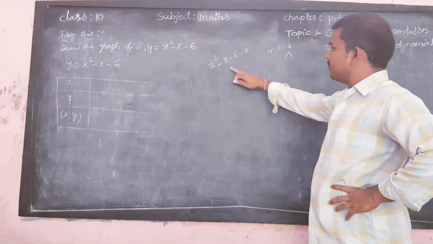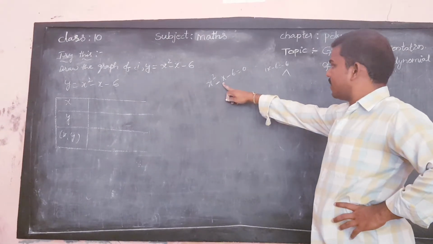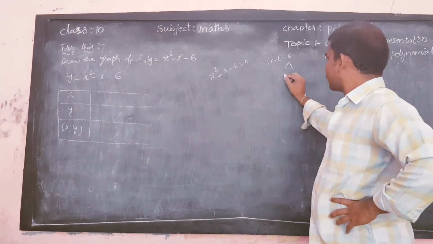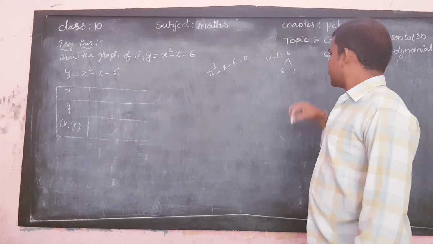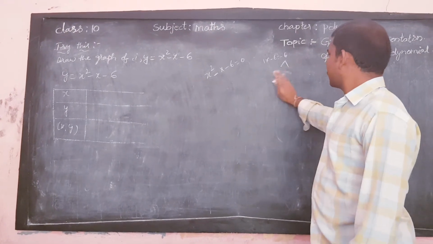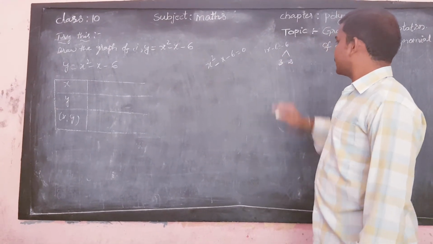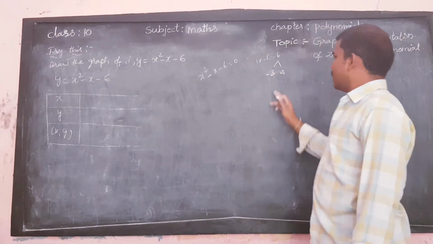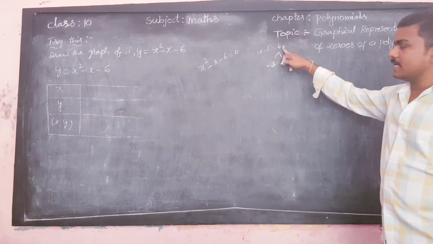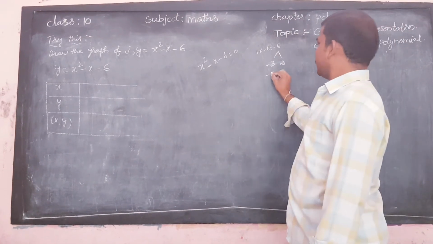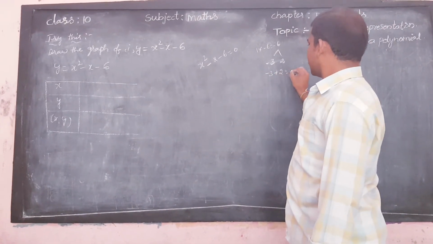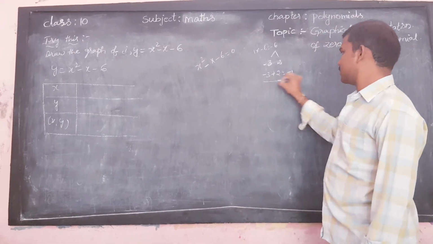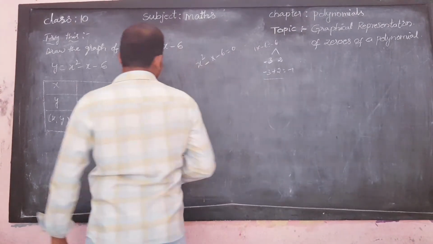So the required terms have sum minus 1. 6 1 the 6, 3 2 the 6. Minus 3 into 2 is minus 6, minus 3 plus 2 is equal to minus 1. So this is the sum of the terms.